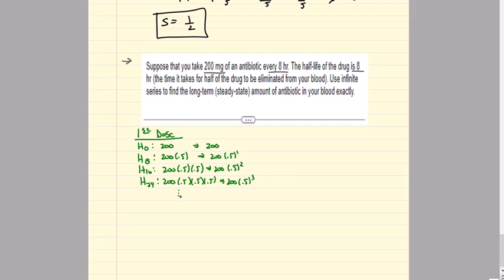And then this would continue until there are negligible amounts left. Well, keeping this in mind, if I said the hour that we're looking at, we would have a geometric series where we'd have 200 times 0.5 to the n, and of course n would go from 0 to infinity.